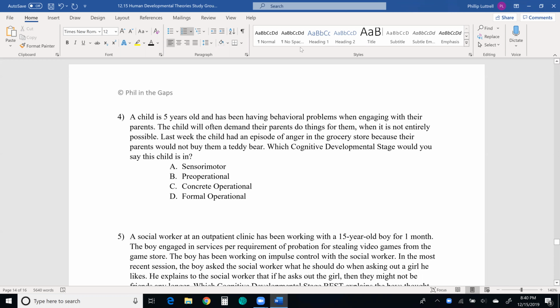When you have your answer, type the word Teddy into the chat. Opening the polls.